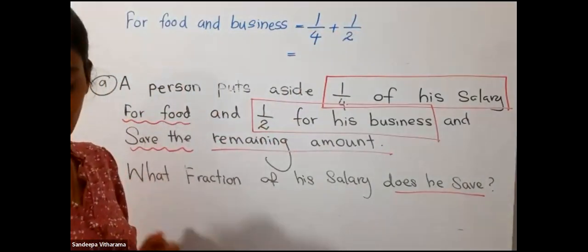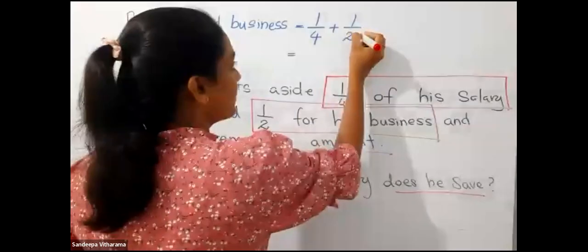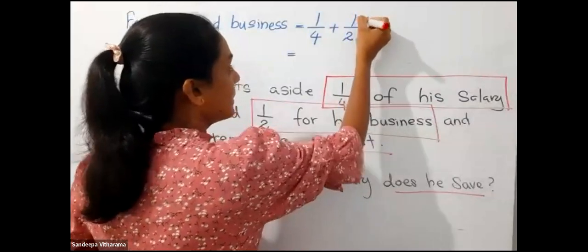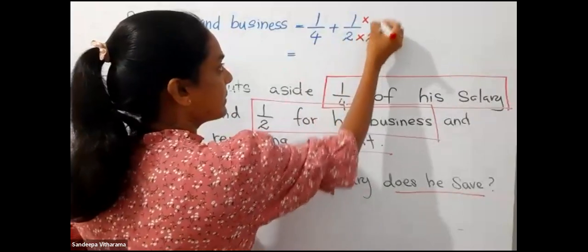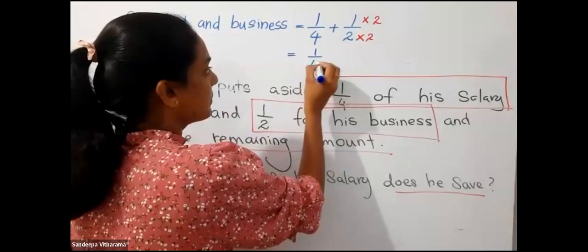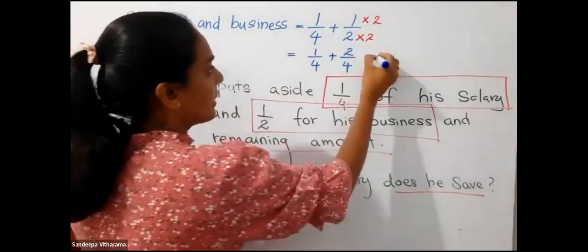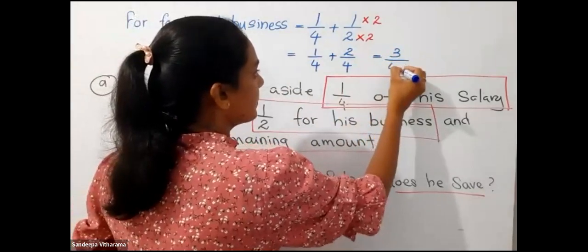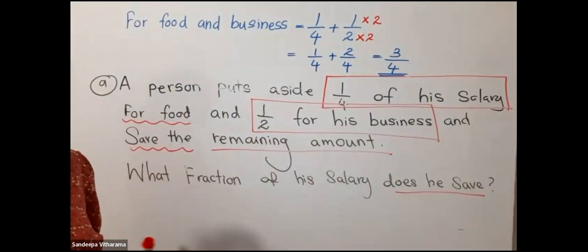Here also it is addition of fractions with different denominators. So convert 2 into 4, because we can easily convert by multiplying by 2. Then the answer is 1/4 added to 2/4. The answer is 3/4.